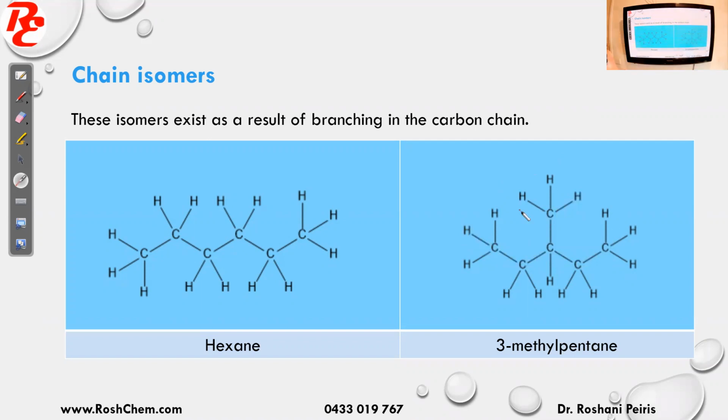So they are chain isomers, with different carbon chains. In one, you have a longest carbon chain with 6 carbon atoms, so it's a straight chain. The other one is branched, which is called 3-methylpentane because you have a 5 carbon chain and the methyl group is on the third carbon. Even 2-methylpentane is a chain isomer of hexane. So chain isomers are a result of branching.